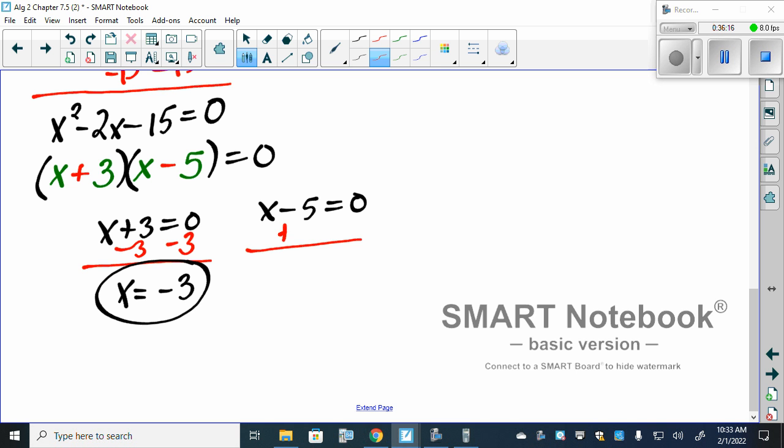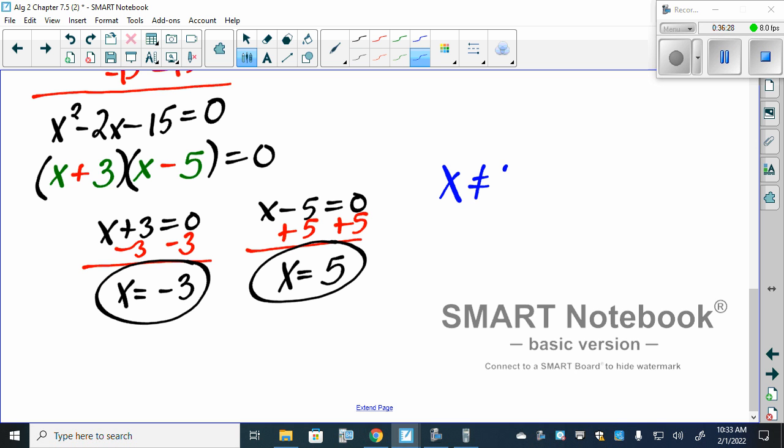Here we would add 5 to both sides, telling us x is equal to 5. Now at the beginning we said x cannot be 3 or negative 3. So the negative 3 does not work, telling us x is equal to 5.